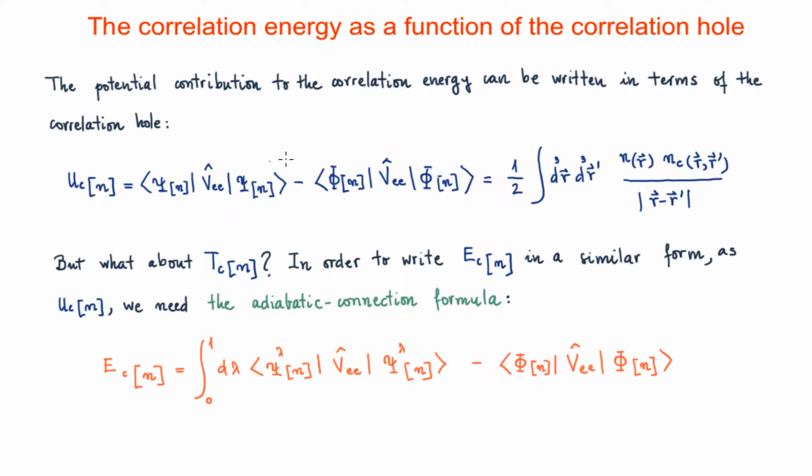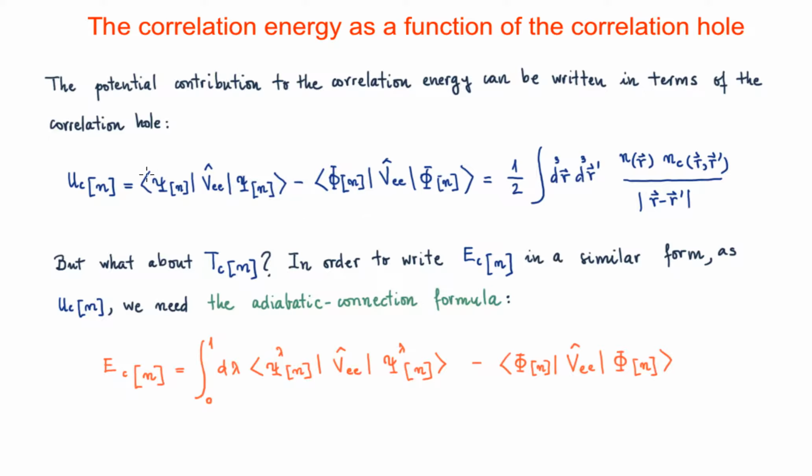Basically, it's the difference of the average of the electronic potential energy when considering the physical ground state wave function and considering the Kohn-Sham wave function. So again, here is everything which is not included here. And here we were including the Hartree contribution, and we were also including the exchange contribution.